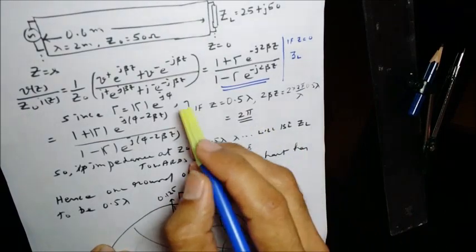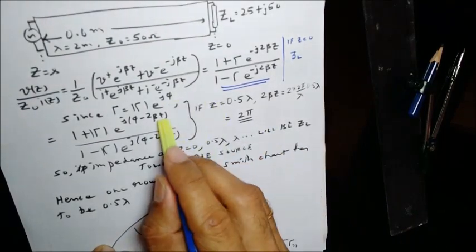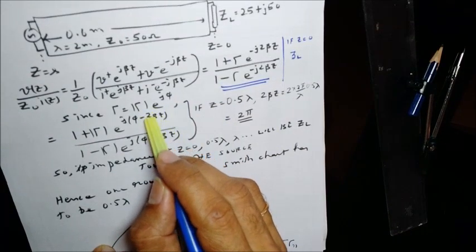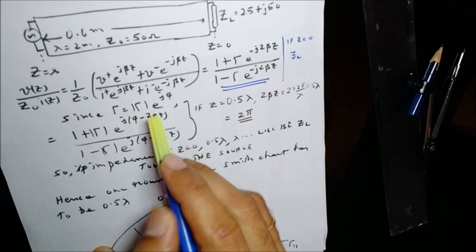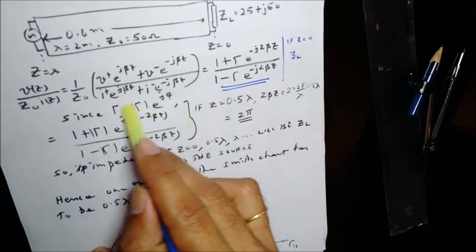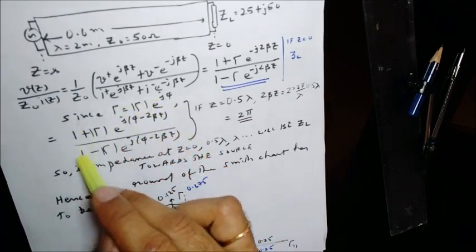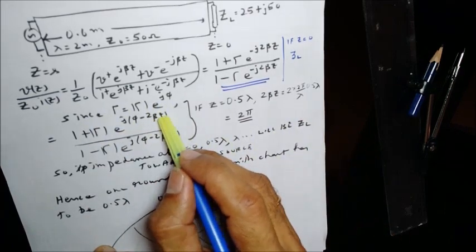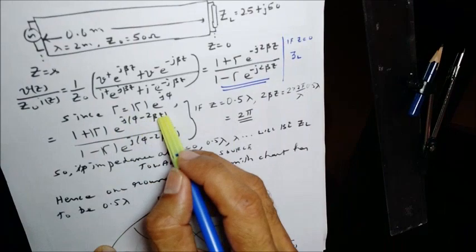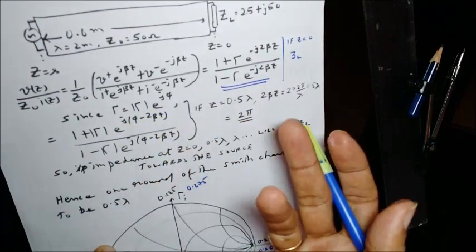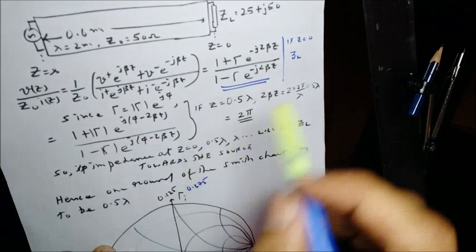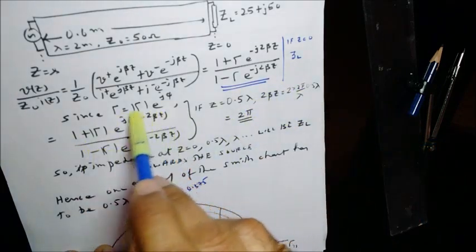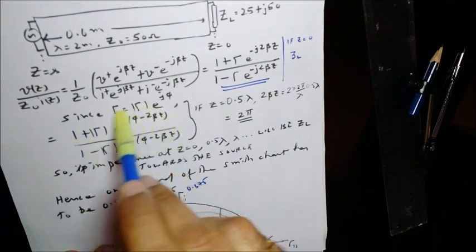So whenever z is equal to 0.5 lambda, this becomes 2 pi, which means that this as a whole becomes 1 plus gamma divided by 1 minus gamma, because e raised to j 2 beta z becomes e raised to j 2 pi, which is nothing but 1.